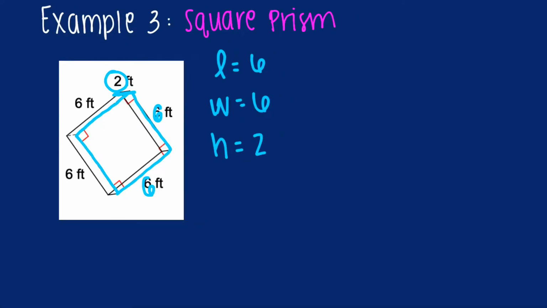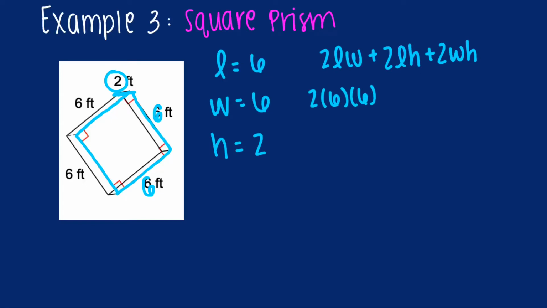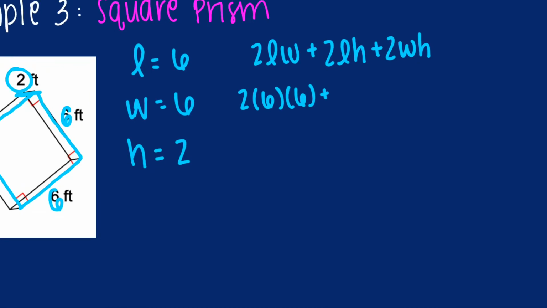So in my formula, 2LW plus 2LH plus 2WH, I have 2 times 6 times 6, plus 2 times my L is 6, my height is 2, plus 2 times my W is 6, my height is 2.